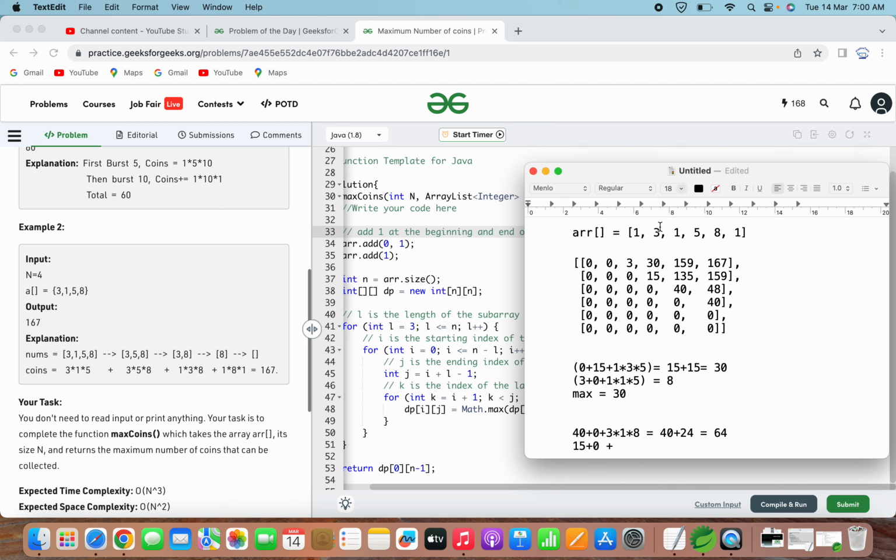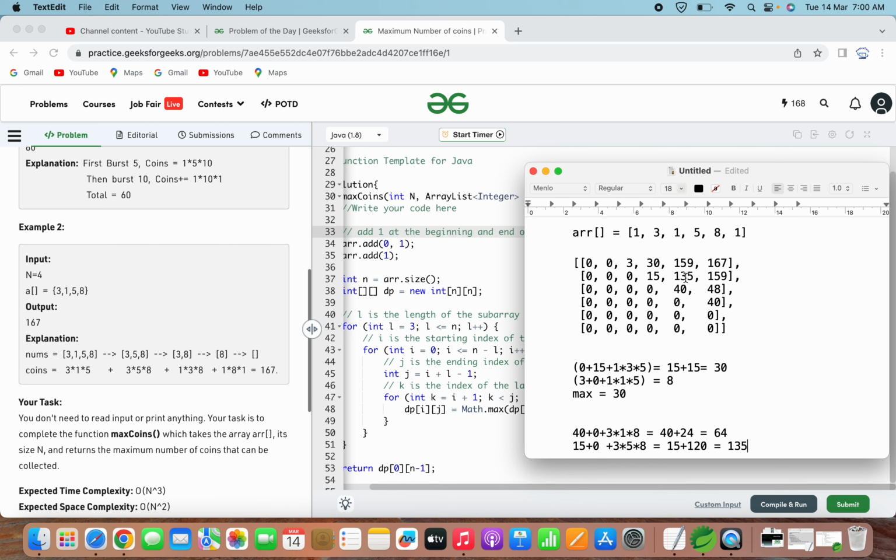I hope this is clear. i is still pointing to 3 and j is still pointing to 8, and k is ranging over all the combinations in between them. First we took 3, 1, 8; this time we will take 3, 5, 8. So it will become 15 plus 120, that is equal to 135. This way we have got 135 here. I hope this is clear.